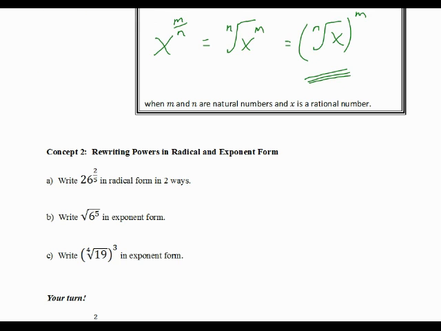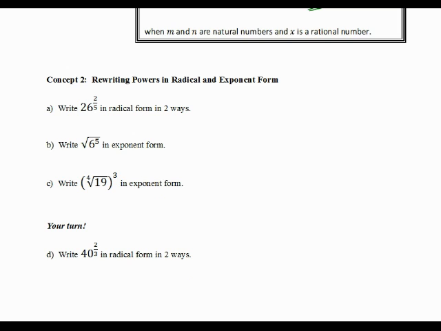Okay, so let's practice writing these in 2 different ways. So 26 to the 2 over 5. Now the thing you remember is that this number stays as the exponent, and the denominator becomes the index.